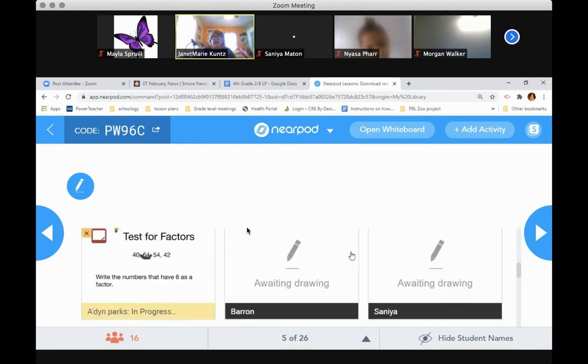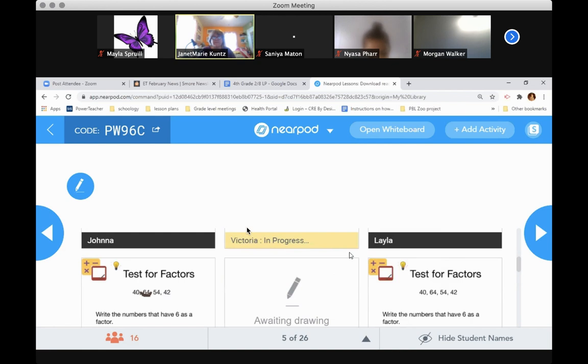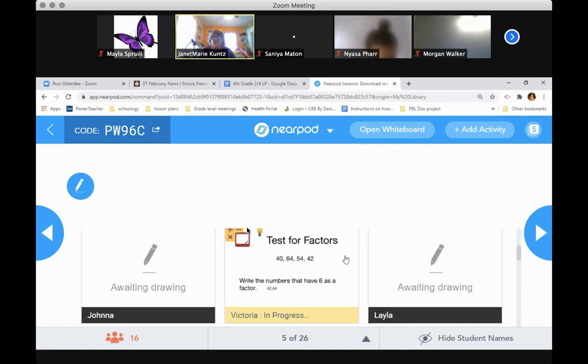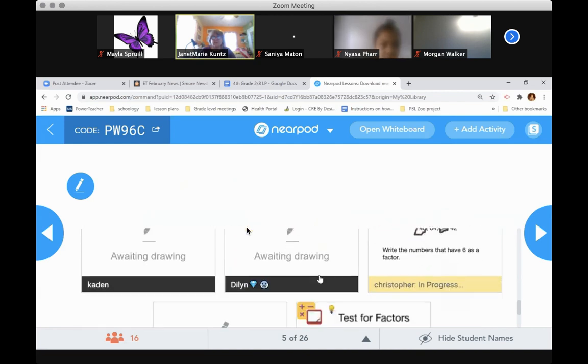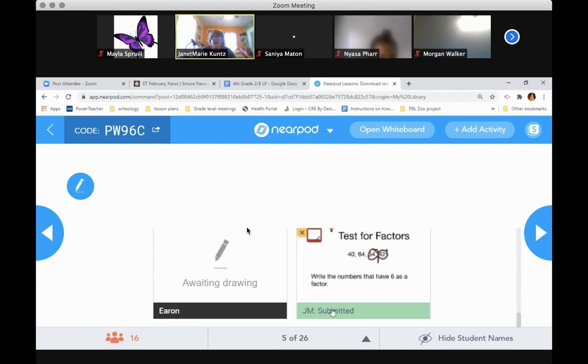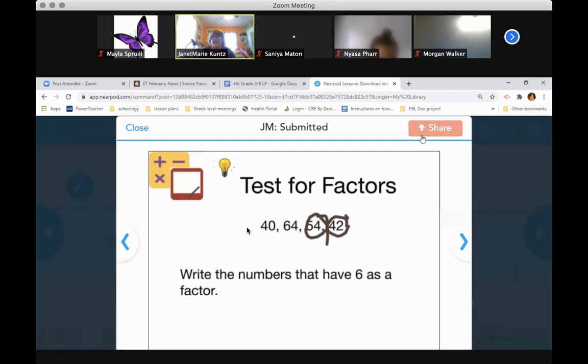Make it easy on yourself. Ooh, Lord have mercy, you all need to practice. Should have circled these two. 54 and 42, that's it.